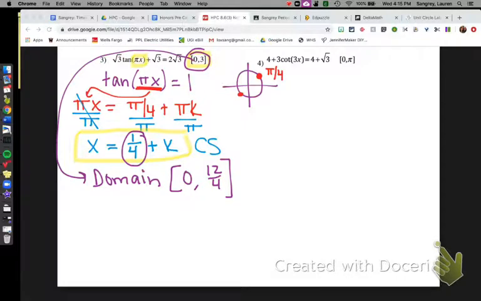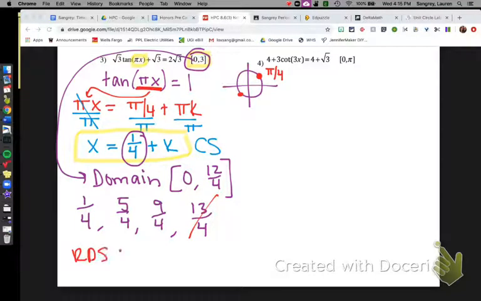So what we're doing is we're taking the solution of 1/4 and adding 1 every single time, which is just 4 over 4. So adding 1, I get 5 over 4. Adding 1 more, I get 9 over 4. Adding 1 again, I get 13 over 4. And now I can already tell that I'm out of the domain. So our restricted domain solution is 1/4, 5/4, and 9/4.